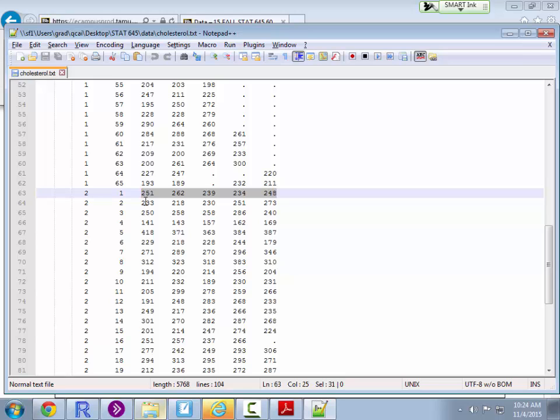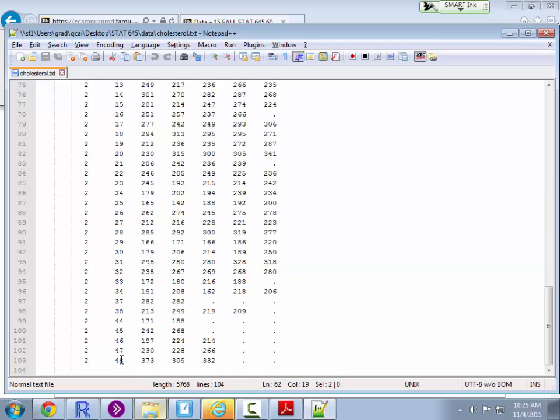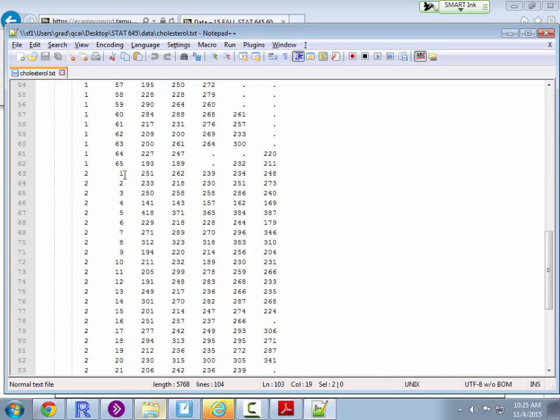We have 65 individuals in group 1, and 48 individuals in group 2. An easy fix: I would like these to continue from 65, so instead of 1, I would like 66, 67, and so on. An easy fix is to add 65 to all of these.